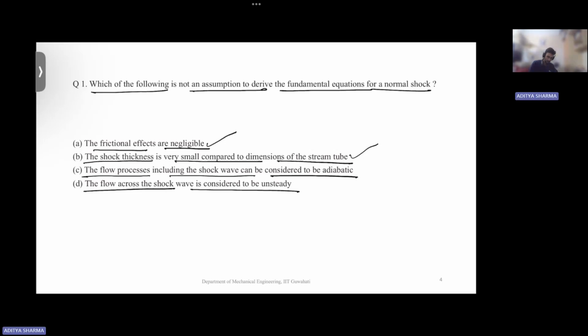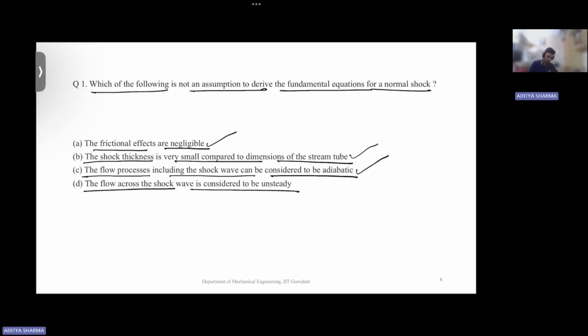Then third says that the flow processes, including the shock wave, can be considered to be adiabatic. Okay, so no heat exchange. So this is also an assumption.